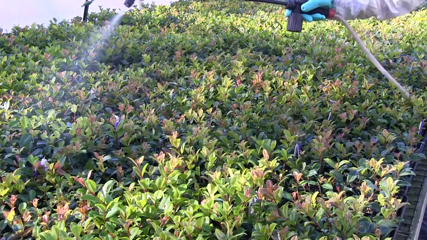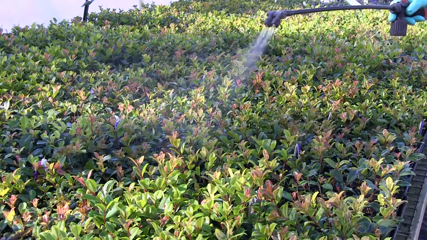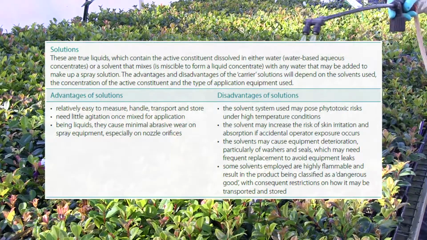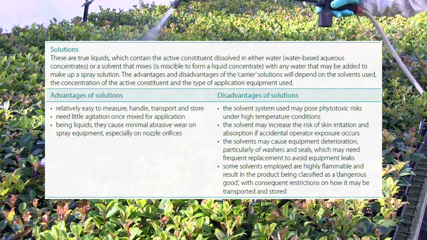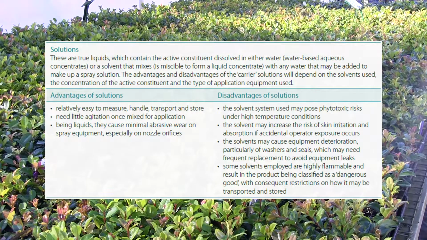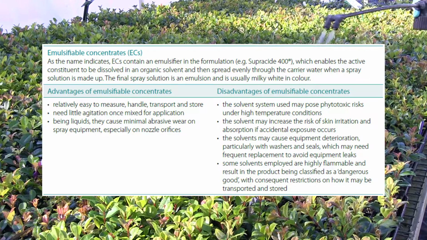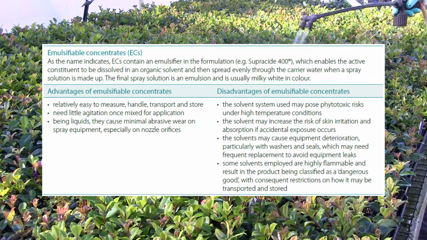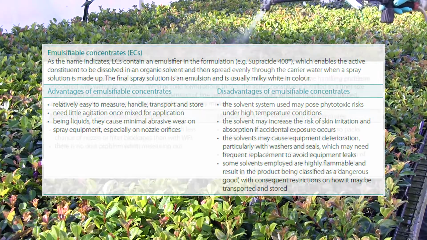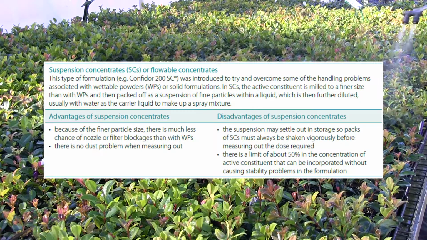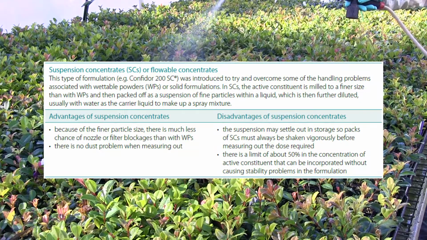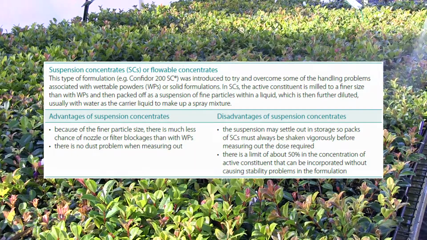Liquid formulations are typically diluted in water to produce a final spray mixture. These can be either a true liquid with an active ingredient dissolved in water, or an emulsifiable concentrate which uses an organic solvent to dissolve the chemical and help maintain the spray solution, or suspension concentrate, which is very fine particles suspended in liquid.